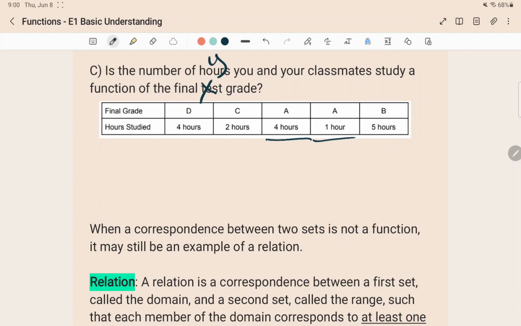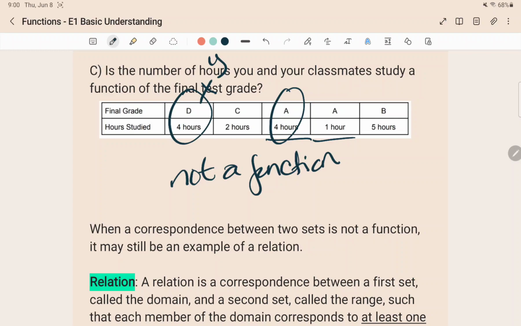The number of hours studied is not a function of the final grade on the test. If we flip it, the final grade isn't a function of the number of hours studied either. Two students studied for 4 hours and got very different grades on the test.